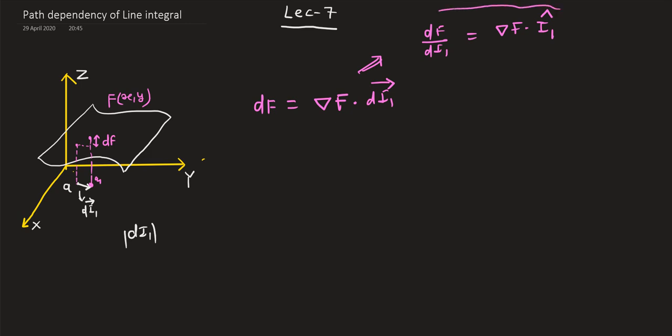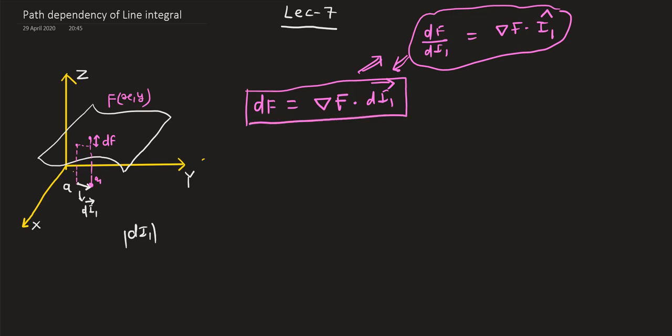If you go one step backward, this is the step we derived. This is the simple change in the height of this function if you go from point A to point A1, and this change is given by this vector dl1.